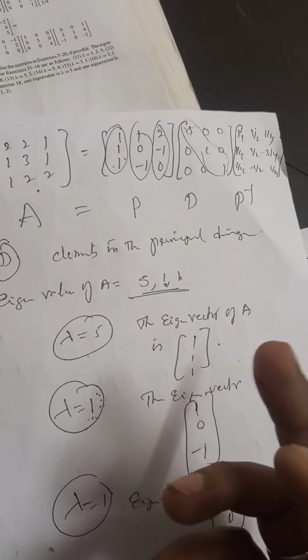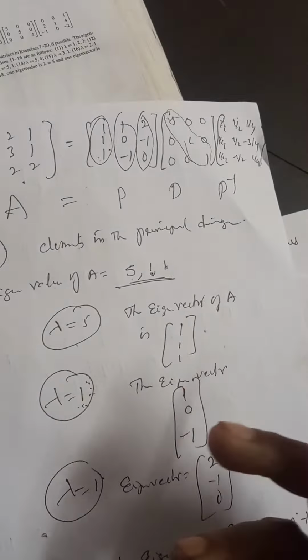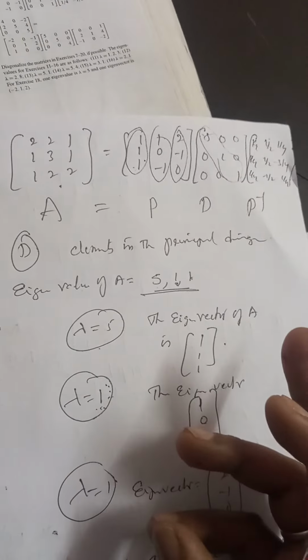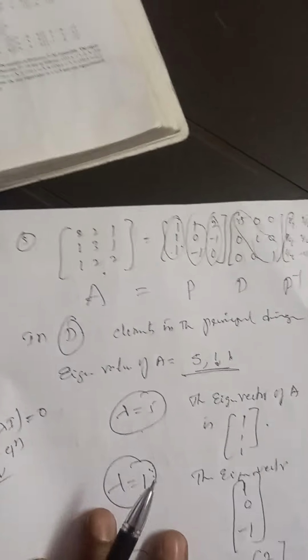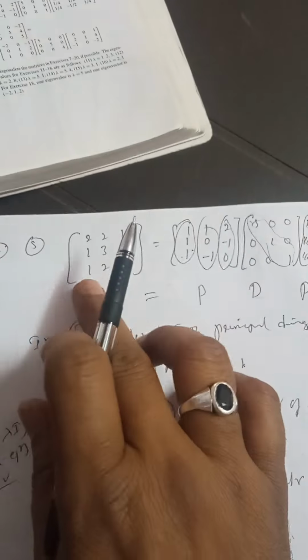Now we'll solve the same problem, right? This entire procedure is based on finding the eigenvalues, eigenvectors, basis for the eigenspace, and also complex eigenvalues. Now I am taking the same matrix to find the eigenvalues and also the eigenvectors.